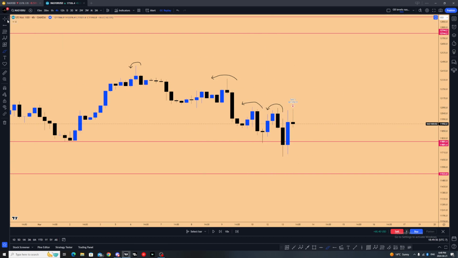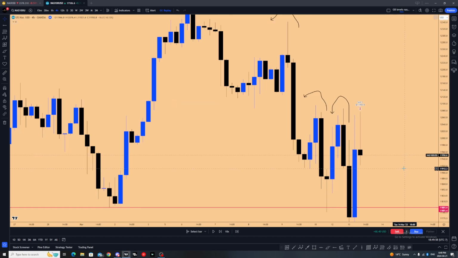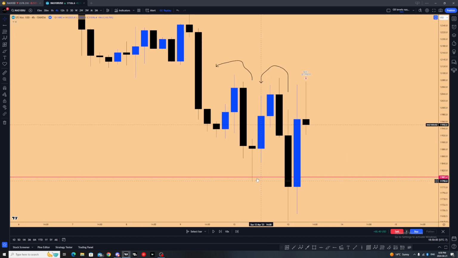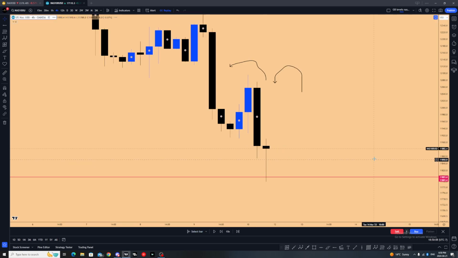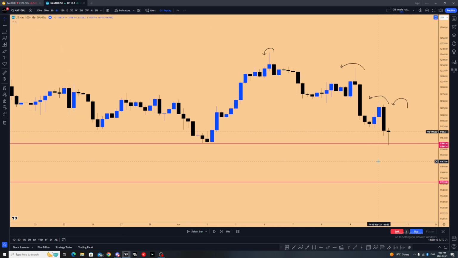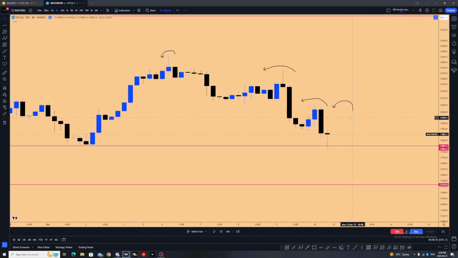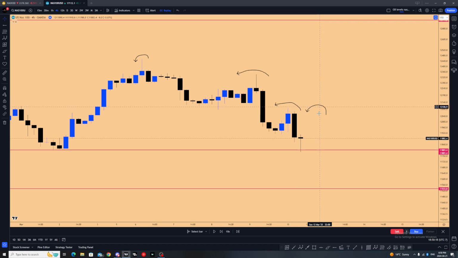Now, even though the market came down to take this low out and it formed an SFP, this is a 4-hour SFP. So you should be looking at this and be like, yep, it came down, took out the low, formed an SFP, I'm going long. That's perfectly fine. You can do it. But in order to confirm that this is a low, what does it need to do?